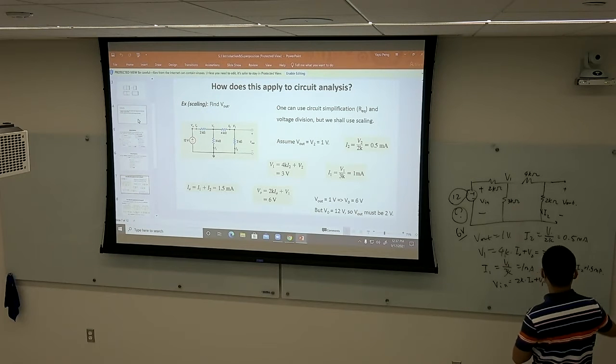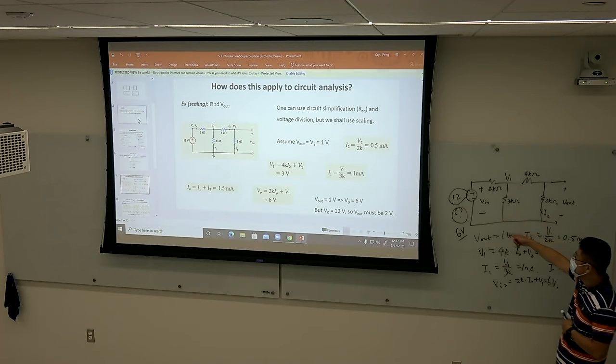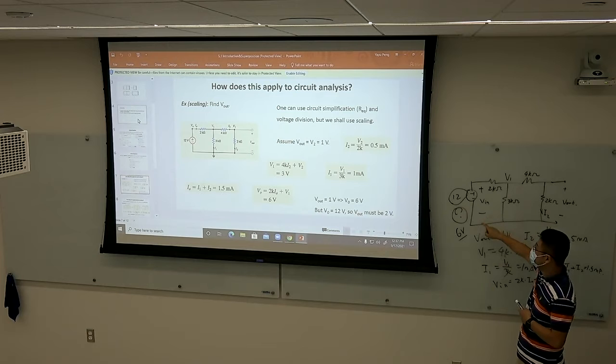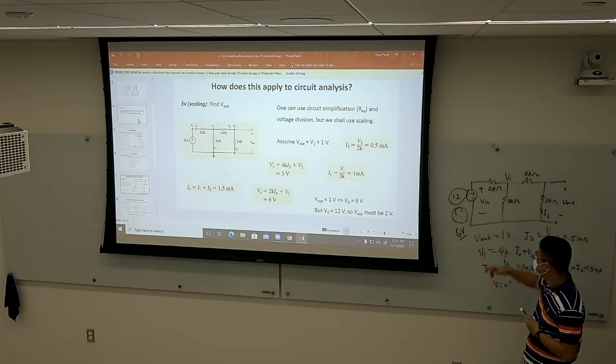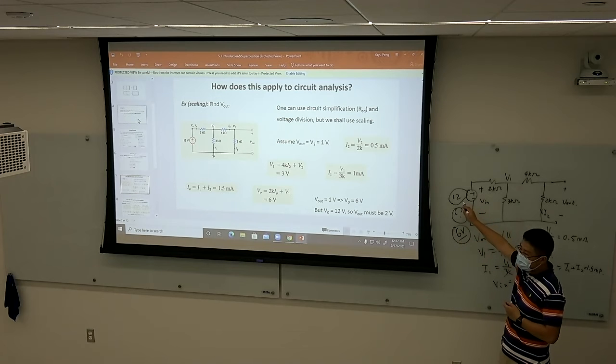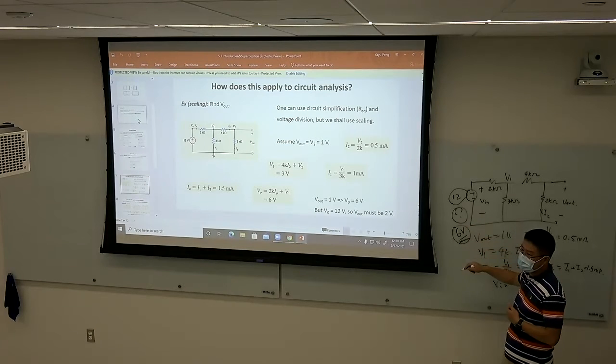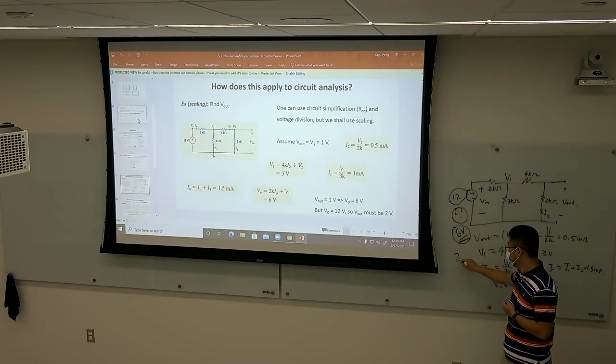So this method is that we do not know the Vout, so we assume the Vout and solve the circuit in the reverse direction. We obtain a voltage for the voltage source, which is 6 volts. But the actual voltage is 12 volts, which is 2 times the calculated input voltage. So we know that the scaling coefficient is 2.